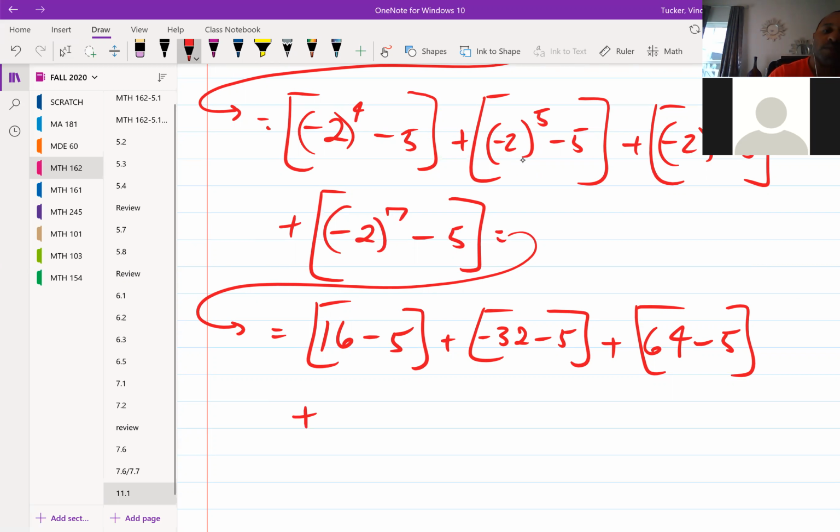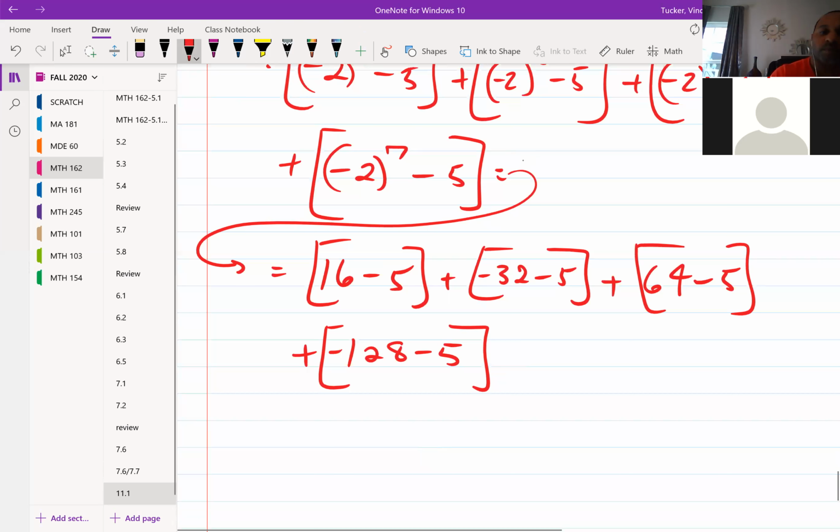And then negative 128, minus 5. So once again, just make sure you're careful with those signs when you look at problems like this.